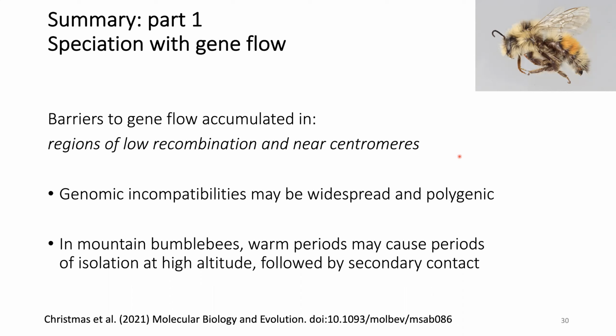And one speculation that we have, a possible scenario of how this speciation occurred, is that maybe you get periods of warming where the habitats become more fragmented, leading to temporary isolation at higher altitudes, and then there are periods of secondary contact where gene flow can occur, but divergence proceeds.